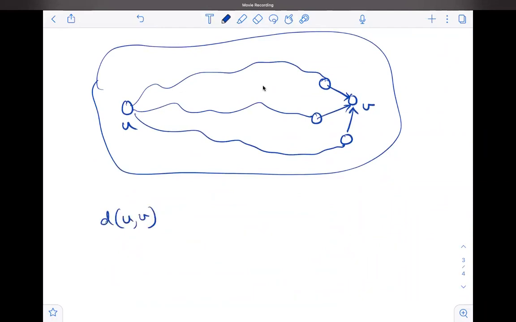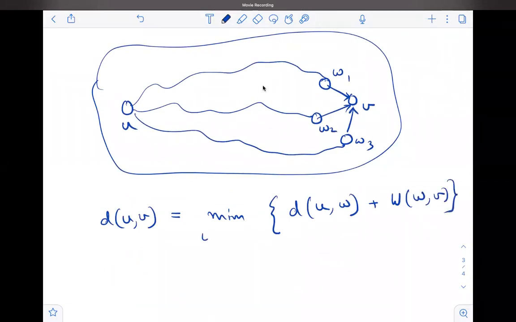Distance between U and V will be, with W1, W2, W3 the 3 neighbors, the minimum over the distance between U and W plus the weight of W comma V. We look at all the W's which are in-neighbors of V, so all the W such that there is an edge from W to V. This is a nice thing.